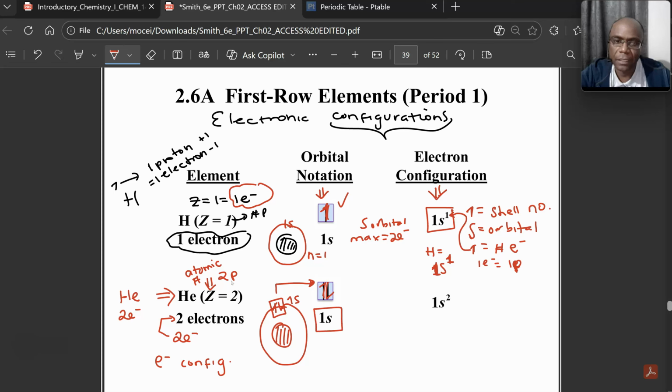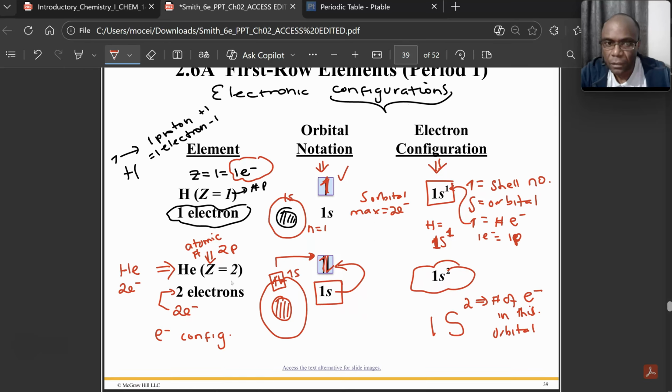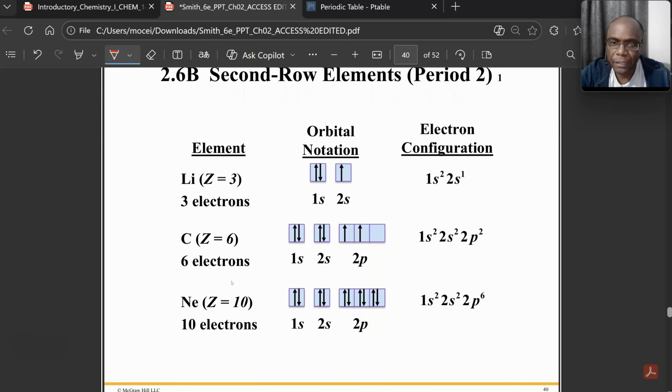That is the electrons in the 1s. Now for the electronic configuration part, we'll write it as 1s2, where the 2 here is the number of electrons in this orbital. Okay, so we are showing how to arrange electrons.